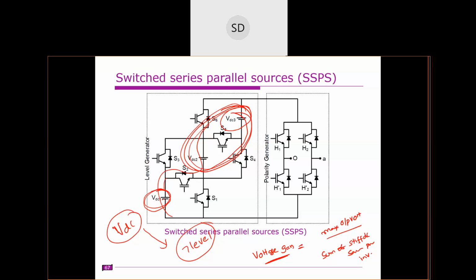So in this particular case, what is the voltage gain, if you are replacing VDC2 and VDC3 with capacitors?